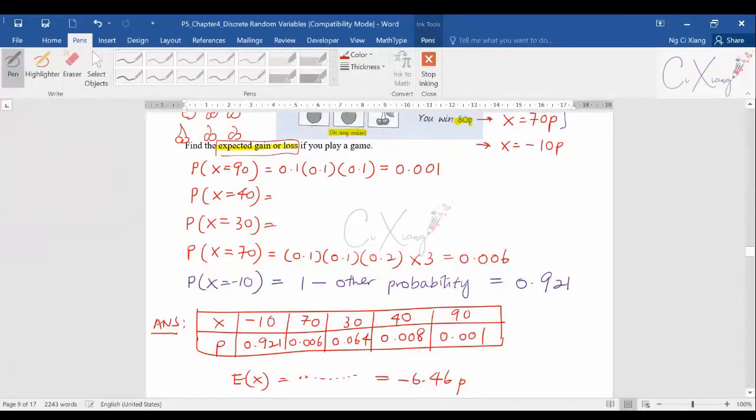The 6 cents, when you look at it, is a very small amount only. But can you imagine, if you play a lot of games, then generally you will see that you lose a lot of money actually.